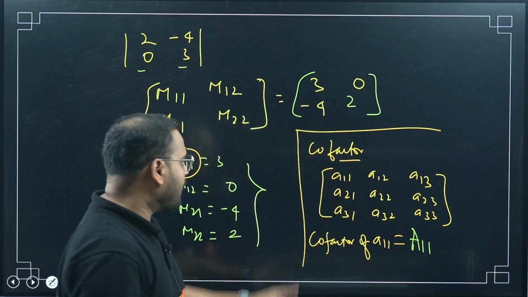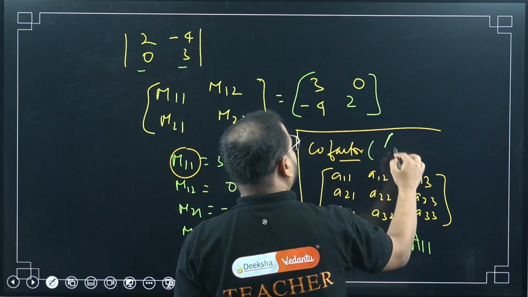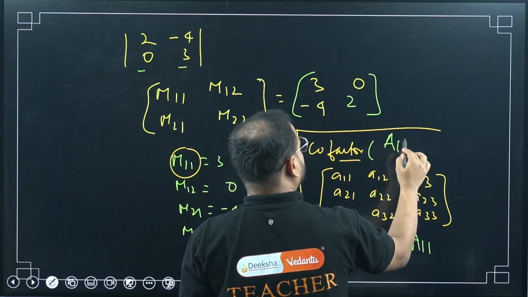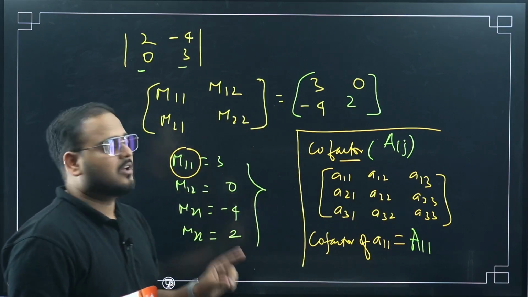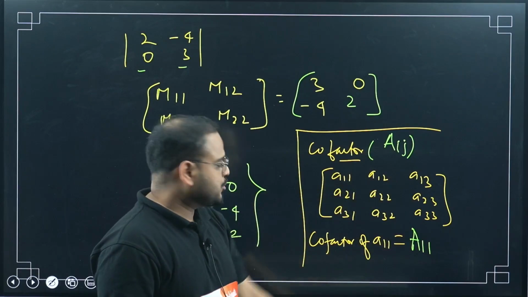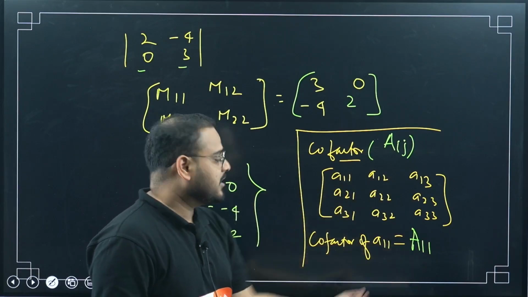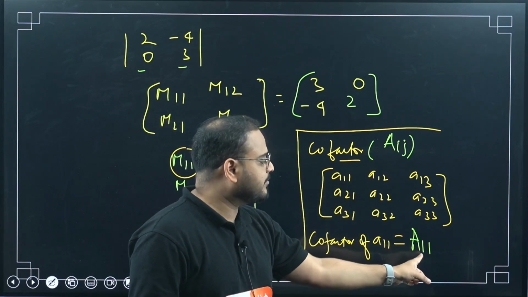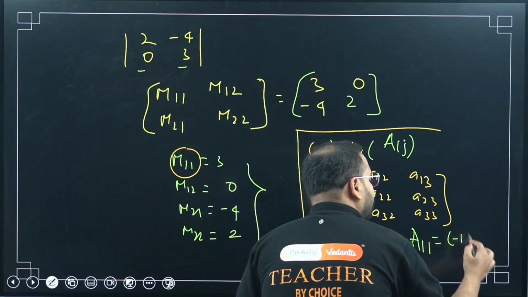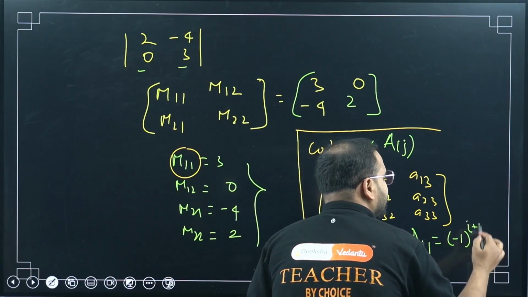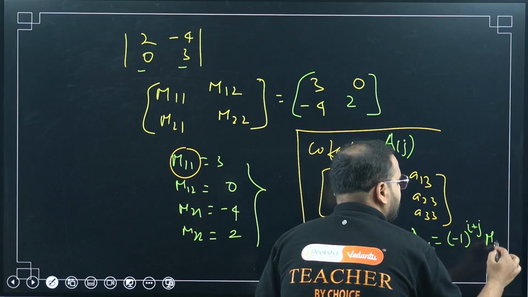Understand this. Cofactor has the symbol capital A, i and j. Same as the minor: minor has the symbol Mij, and for cofactor I have Aij. So for any element A11, just check the sum of this. I can simply write it as minus 1 to the power i plus j times Mij.